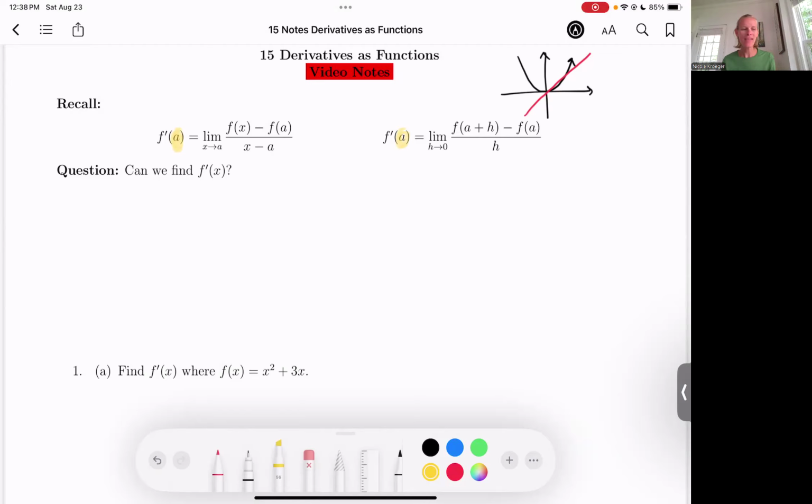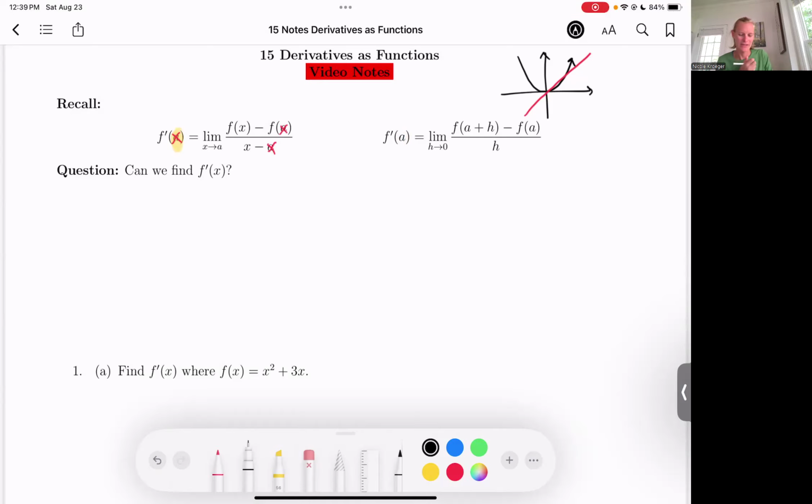x. And you might think we could just replace a with x, and that would be a reasonable thing to do. We notice if we replace a with x in the top formula, everything goes away in that first formula. So we get 0 over 0, and we're not going to be able to simplify anything because everything will cancel out. So if we're trying to find the derivative at a general point x, we're going to need to use the limit definition where h is approaching 0.